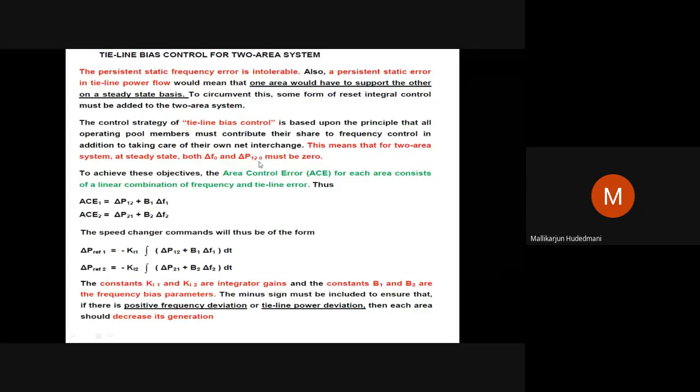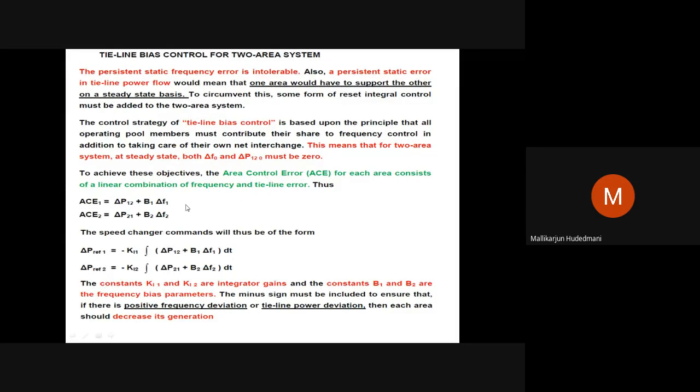There should not be any additional flow. So to achieve these, the area control error for these areas consists of a linear combination of frequency and tie-line error.